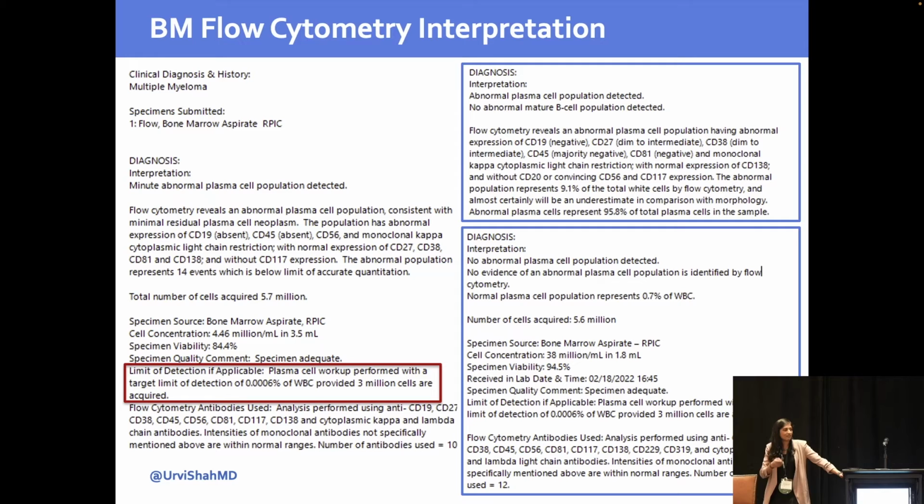So if there were anything less than 18, we would call this an MRD negative patient. If it's anything more than 18, we'd call it MRD positive. In this example, the patient had 14 events in that flow cytometry reading, and so by IMWG criteria and by this flow method, we would call them MRD negative.